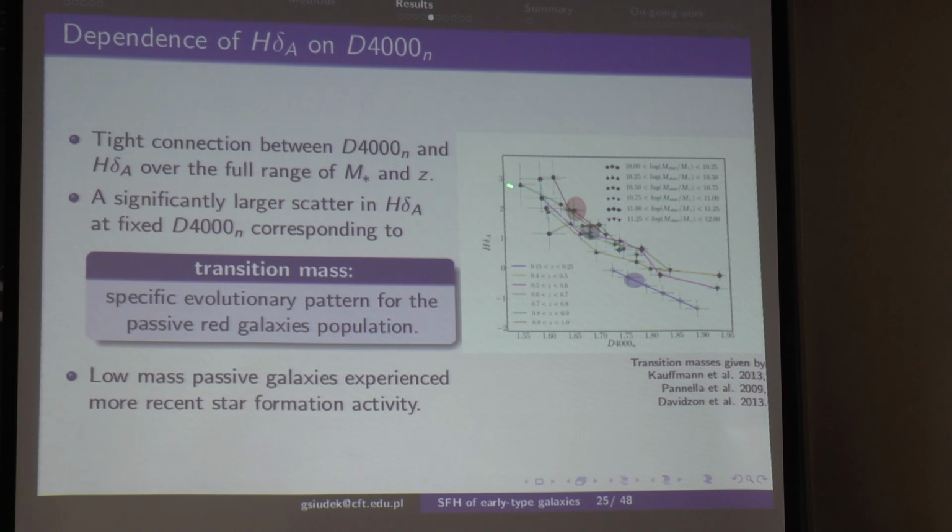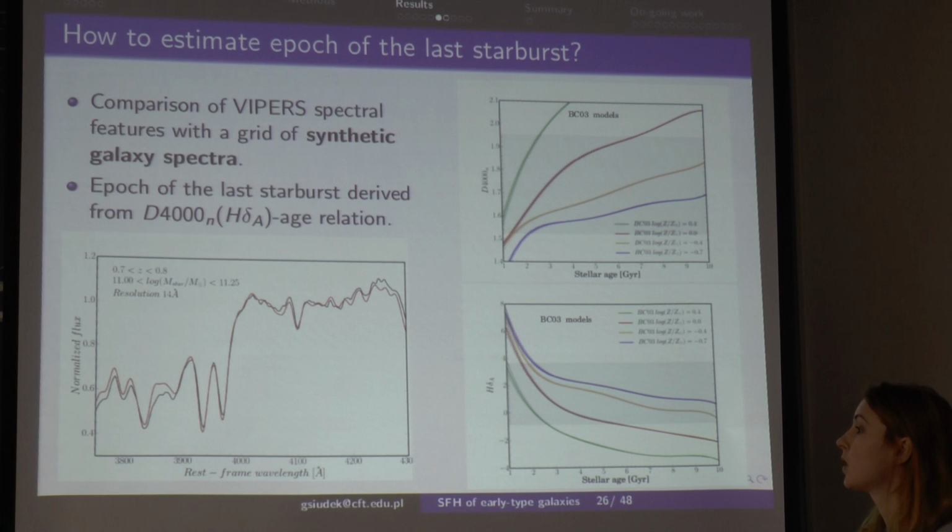Of course, this also says that low mass galaxies are populated by younger stars. So how do we get to the ages of this stellar population?